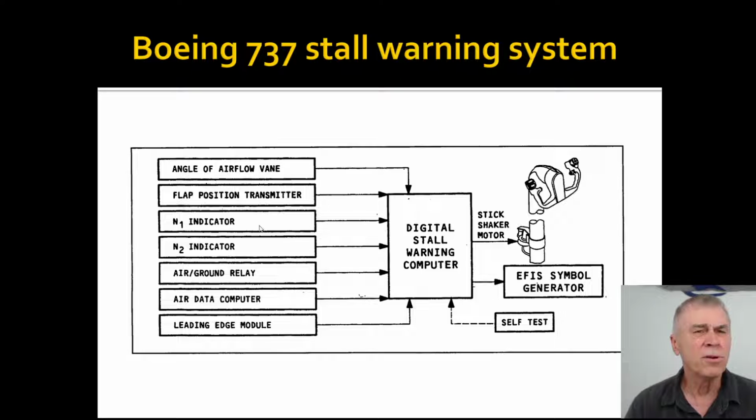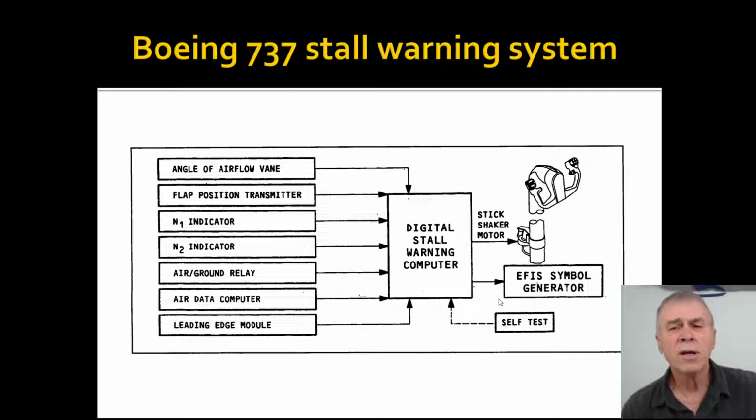I don't think so. Certainly flap position, the vane, if one is installed, the speed of the two different parts of the turbine engine, the air ground relay to make sure you're not on the ground, and certainly the air data computer.